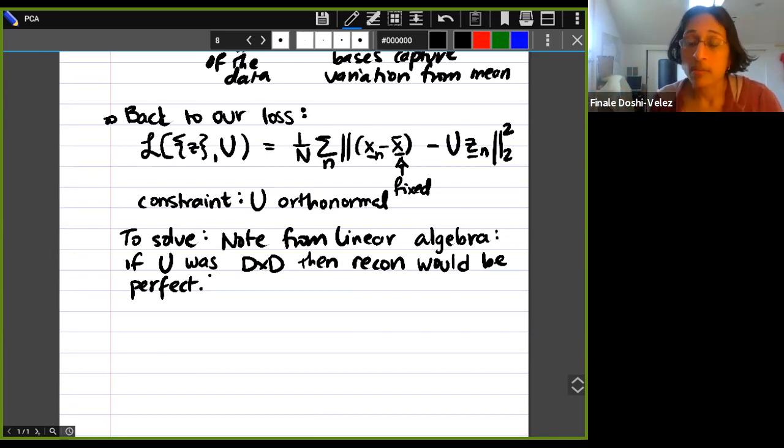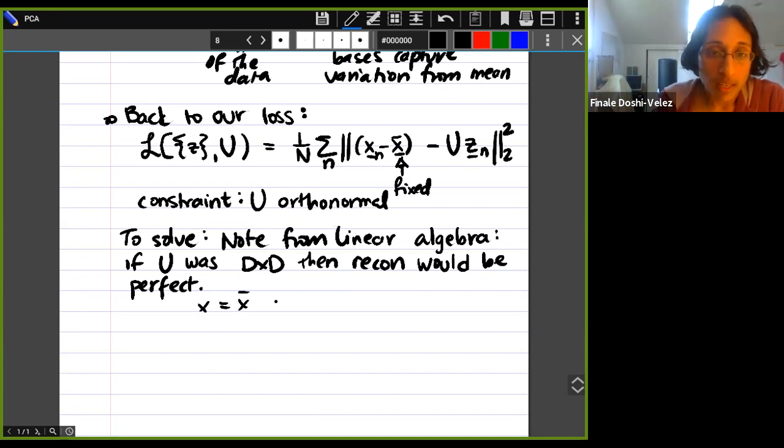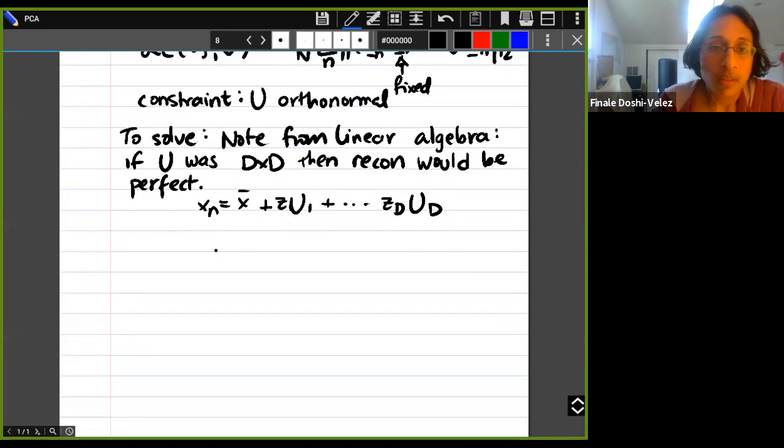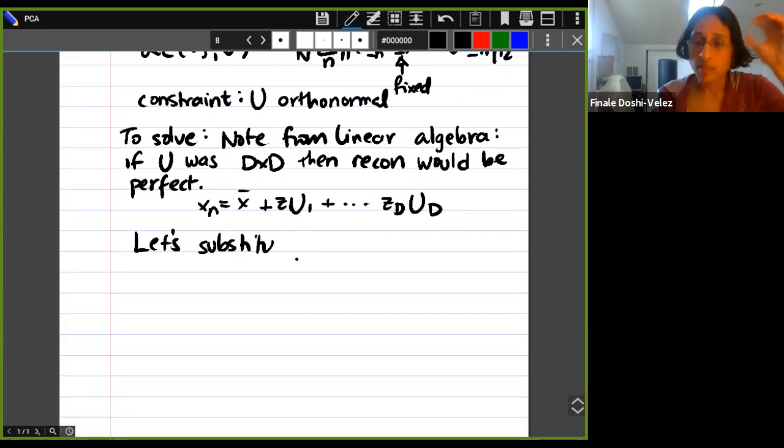We're going to be able to describe x exactly. So we could write down x as being equal to this x bar plus z1 u1, all the way out to z d u d. So let's substitute that. We're not actually going to get to use all d of these vectors, but we can imagine that we have those extra vectors available.